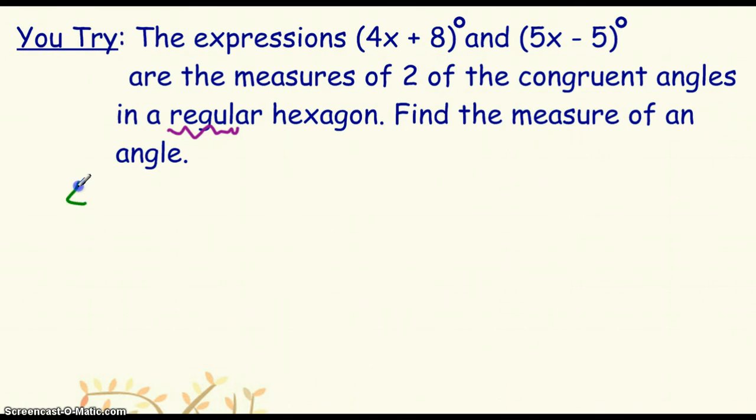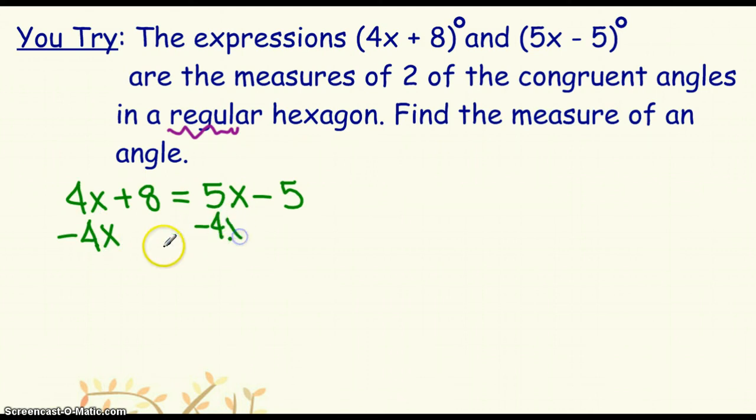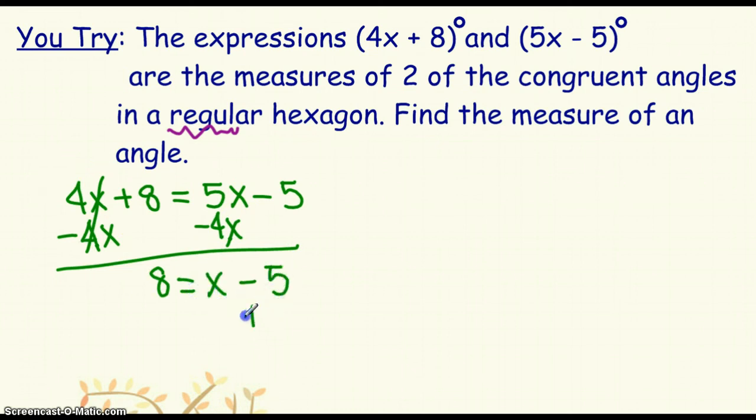So I have my two expressions, and I can set them equal to each other because my figure is regular. So I am going to get x by itself by subtracting 4x. These cross off. 8 equals x minus 5. I'm going to add 5 to both sides.